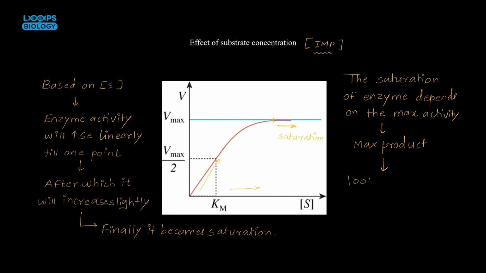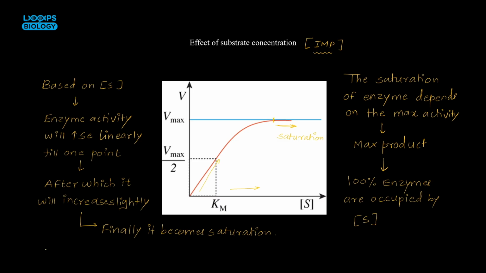So there should be 100% enzymes occupied by substrate, and even after that, if I'm increasing the substrate concentration, that is not going to make any change in the enzyme activity, as all the 100% enzymes are already occupied by the substrate itself.